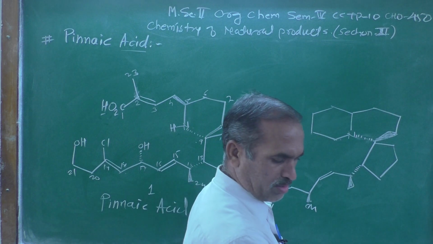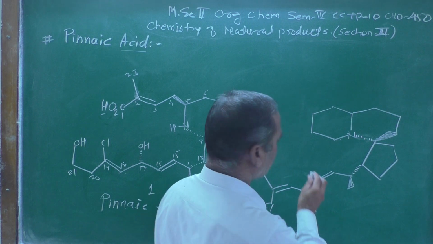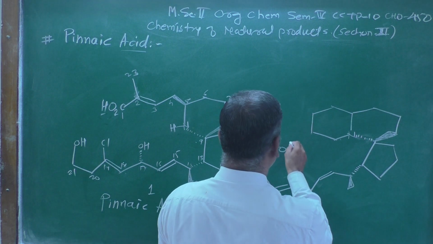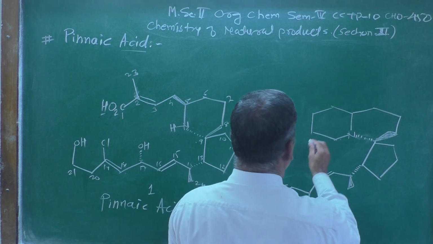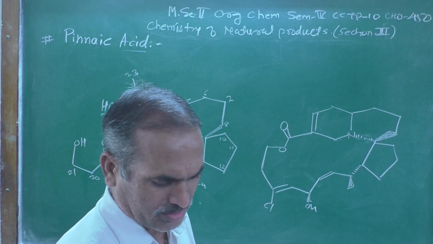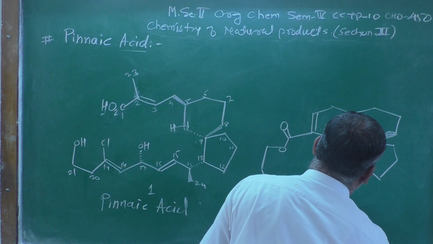Then there is a bond, then we can show this other bond. There is an oxygen atom, then one more oxygen atom is further attached, and this is a ring formation. So, this is structure number 2.